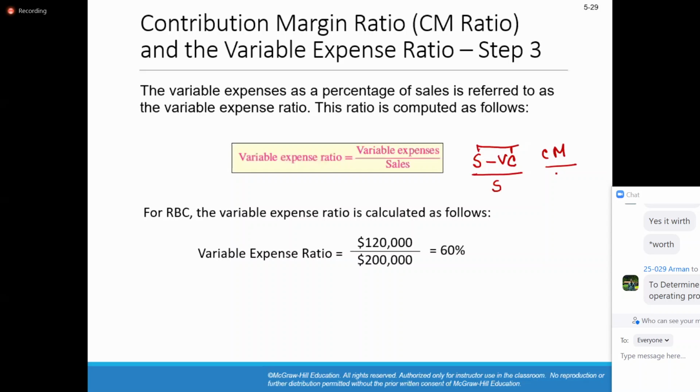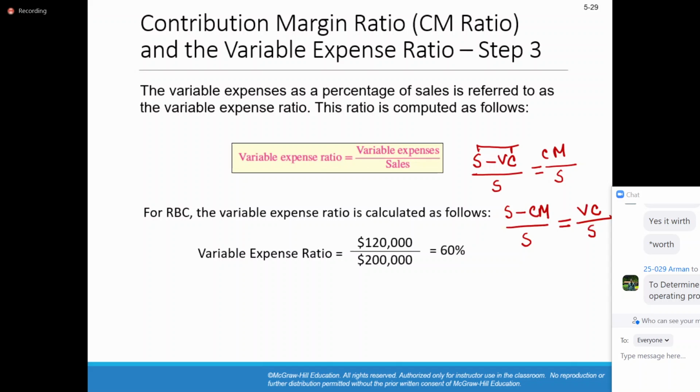So actually what we are doing is this. But alternatively, if we do sales minus contribution margin over sales, what we are doing here is expressing variable cost relative to sales.